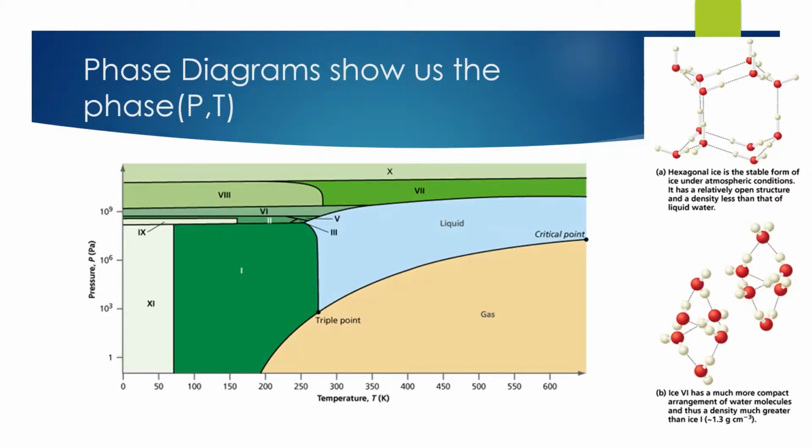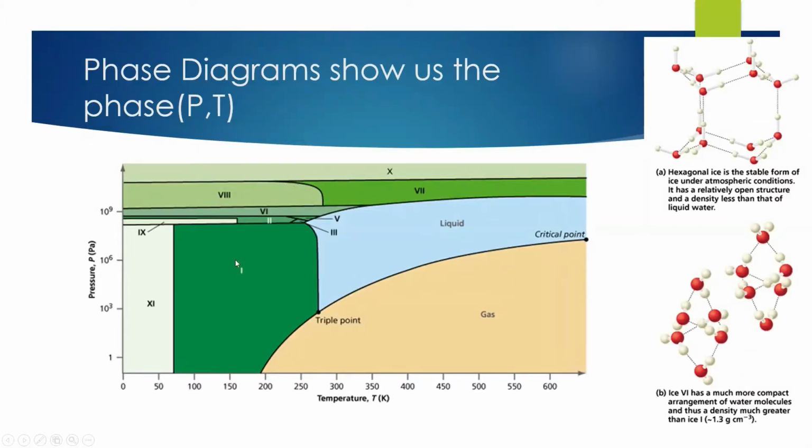We can note something else here, and we'll see this on the next slide. This is called the phase rule. At no point on this plot does there exist more than 3 phases simultaneously. So we have the normal triple point here of solid, liquid, and gas, and we have some other triple points. So we have a triple point here of ice 6, ice 7, and liquid water. We have a triple point here of ice 8, ice 7, and ice 6.